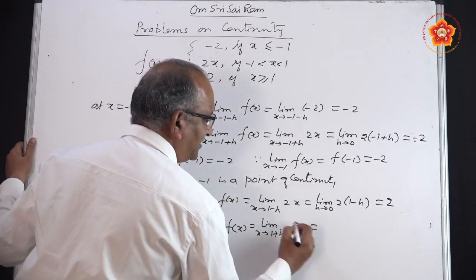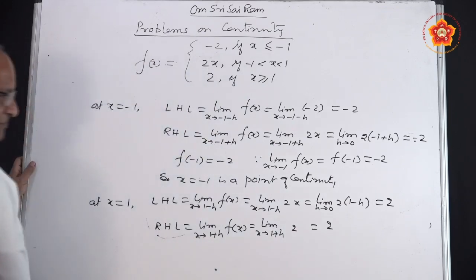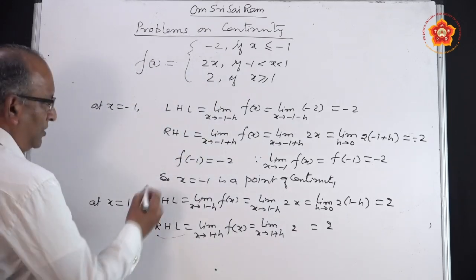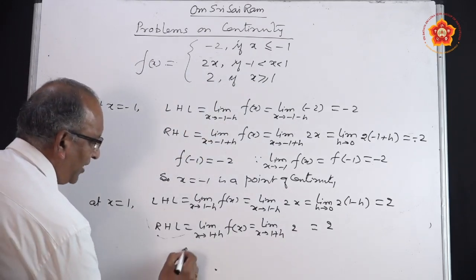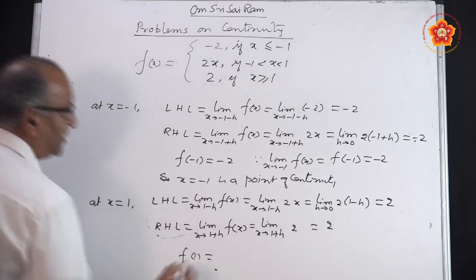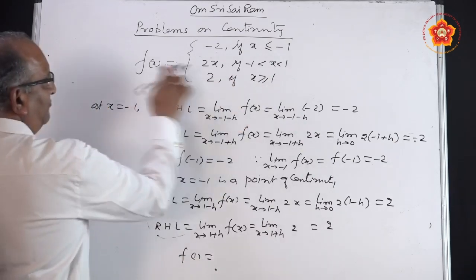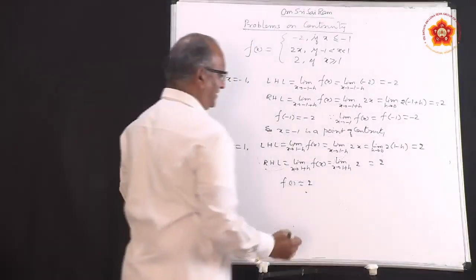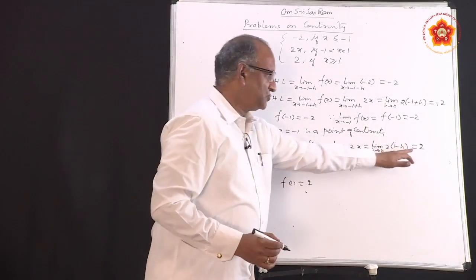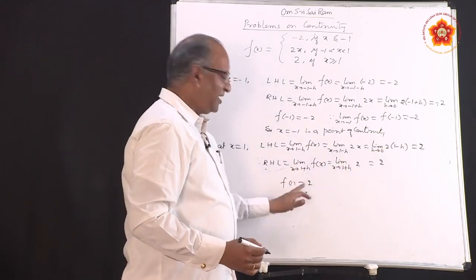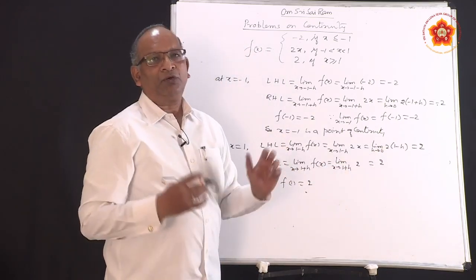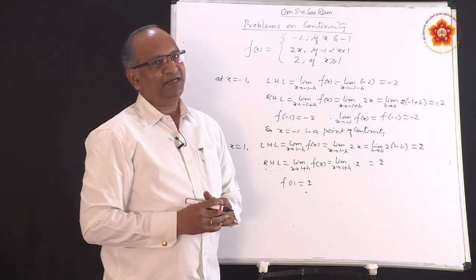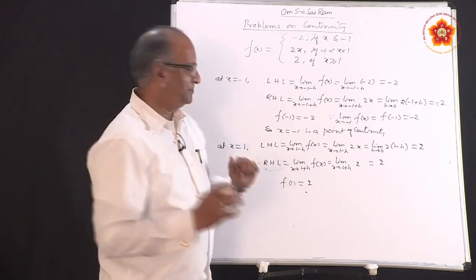Since it is a constant, it will remain the same. Also find out what f(1) is. When x is 1, the function is 2. Once again, we find that the left hand limit is 2, the right hand limit is 2, and the value of the function is also 2. We conclude that the function is continuous at 1.